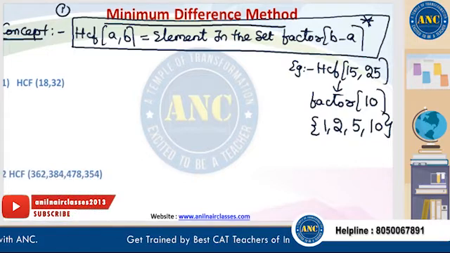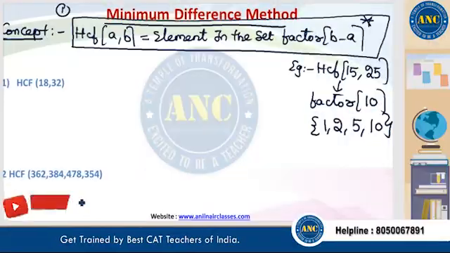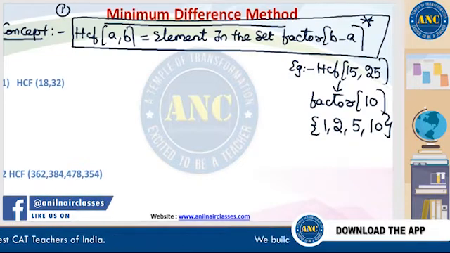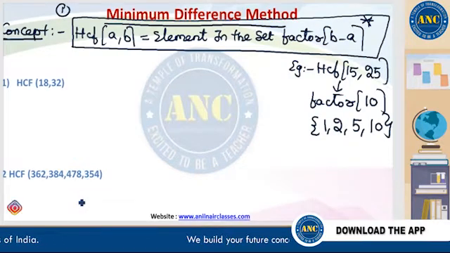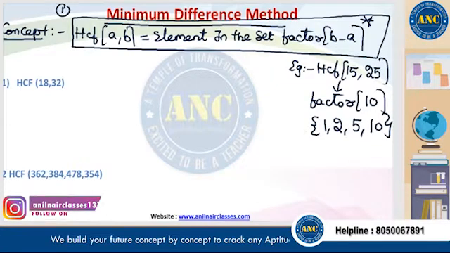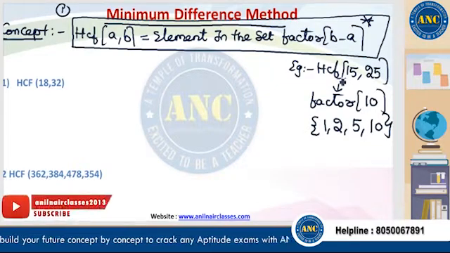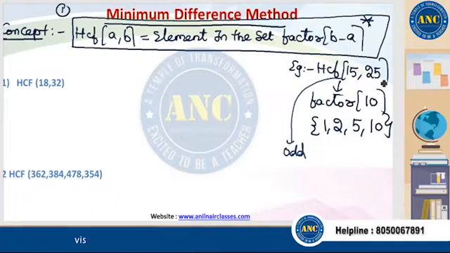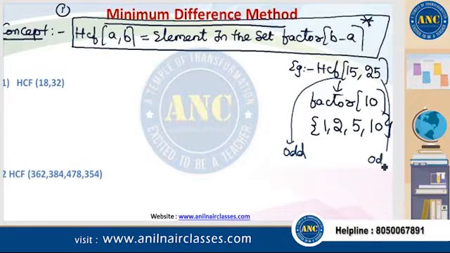HCF of any two numbers is an element in the set factor of B minus A. Now if you see here, 15 is an odd number, 25 is an odd number.